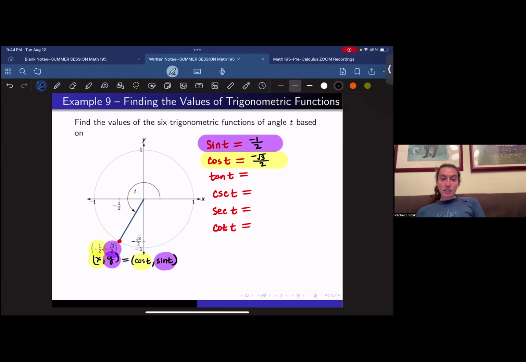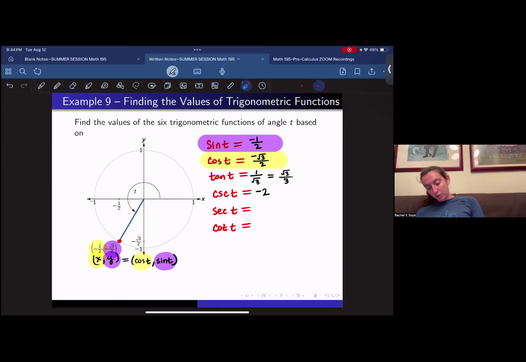Our tangent is sine over cosine. So we end up with negative divided by negative is a positive. Rationalize our 1 over square root of 3, and we get square root of 3 over 3. Cosecant is the reciprocal of negative 1/2, which gives us negative 2.